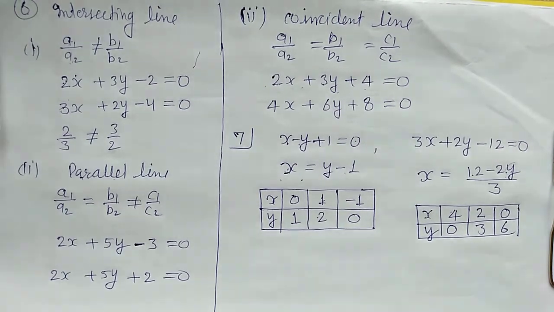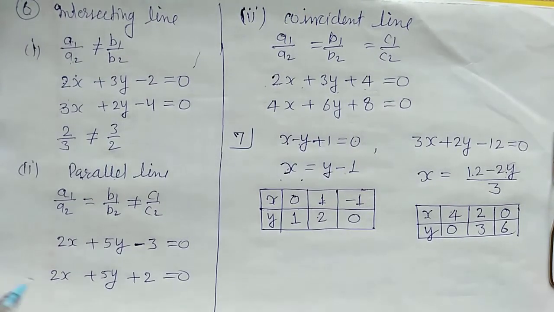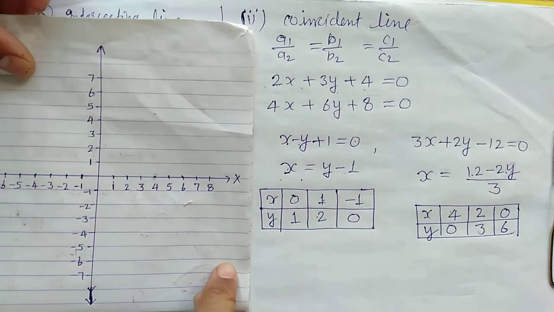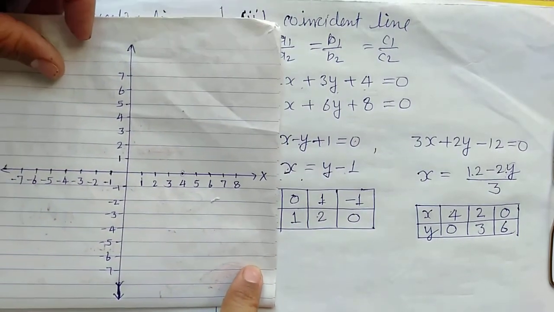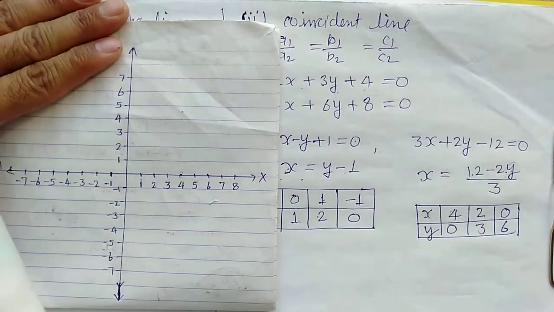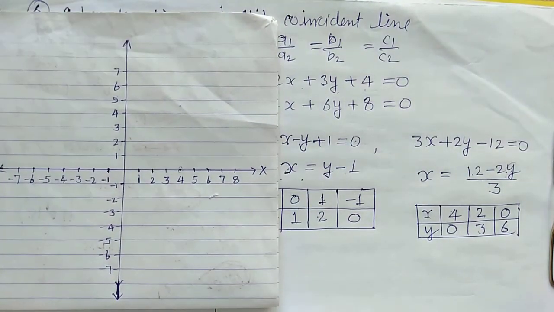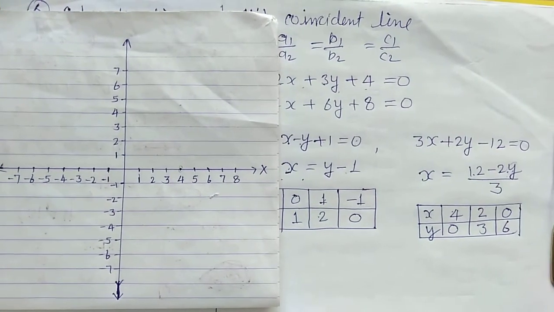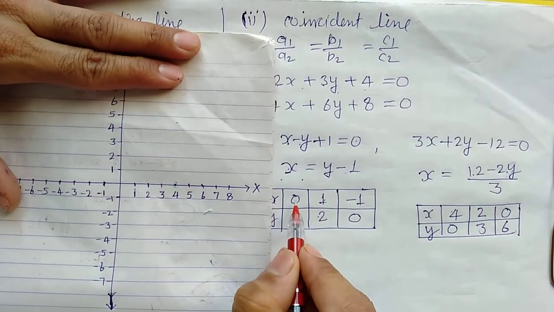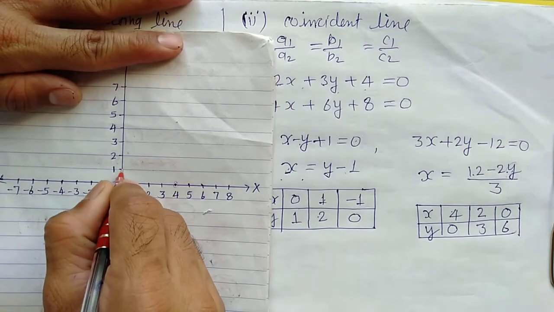Now, see, we are just going to draw a graph. I have drawn some lines here, and for this one, I will just put the points I told you. Is it clear? Now see, for the first equation, x is 0 and y is 1, so 0 and 1. This is 0 and this is 1.